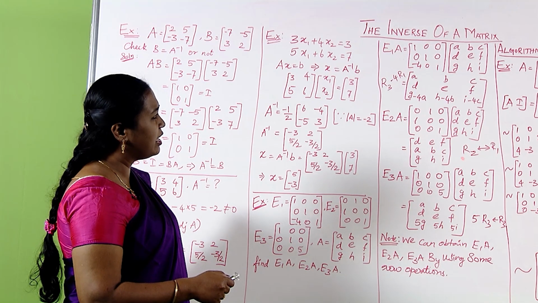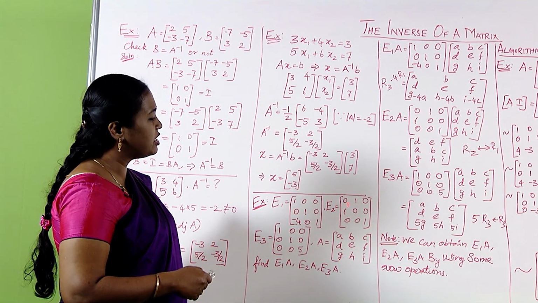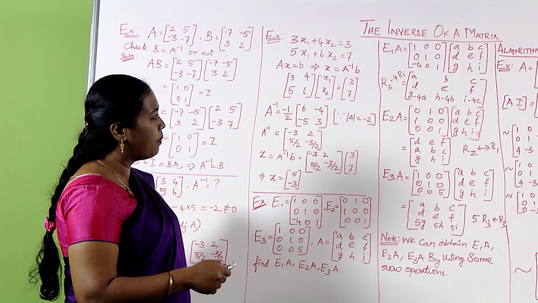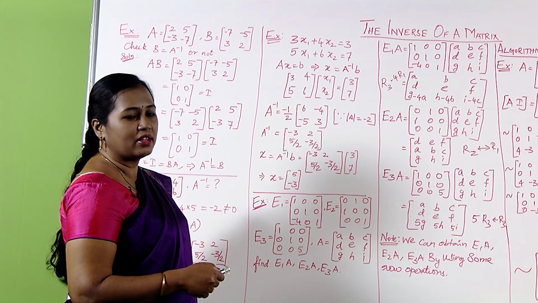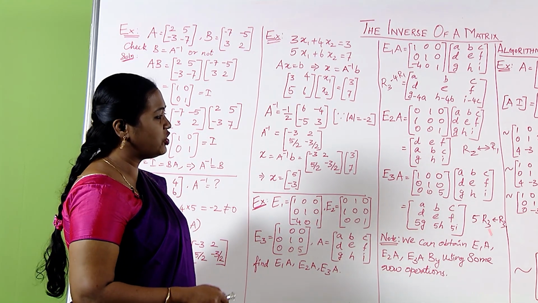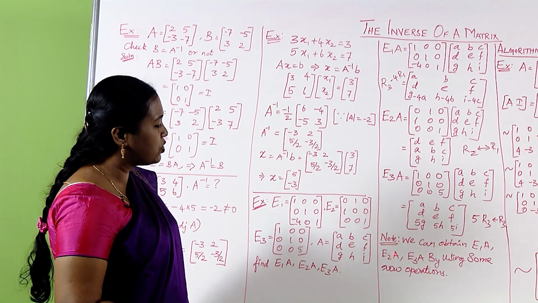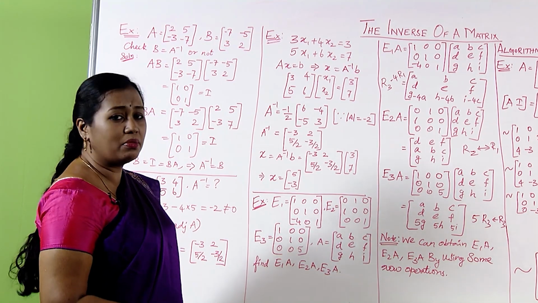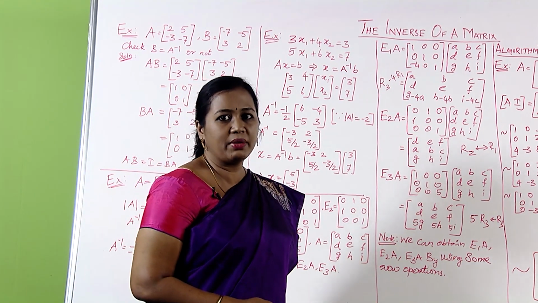Once again, E2 was got from the identity matrix by interchanging these 2 rows. So, the same operation when I apply on A, I arrive at E2A, and likewise for E3 you can check. So, we can obtain E1A, E2A and E3A by using some row operations. This is a very interesting aspect of elementary matrices.